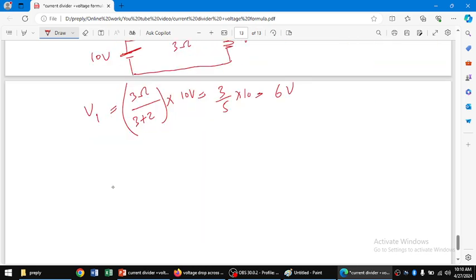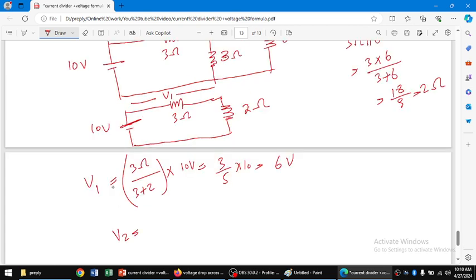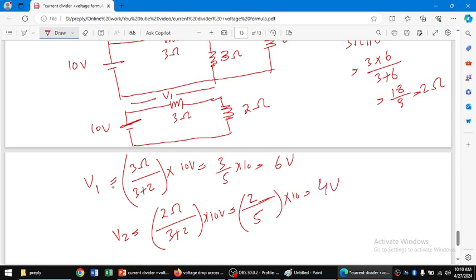Similarly, V2, the voltage drop across the second resistor, is 2 ohm divided by 3 plus 2, multiplied with the 10 volt. We get 2 over 5 times 10, which gives us 4 volt. It means 4 volt drops across this 2 ohm resistor.